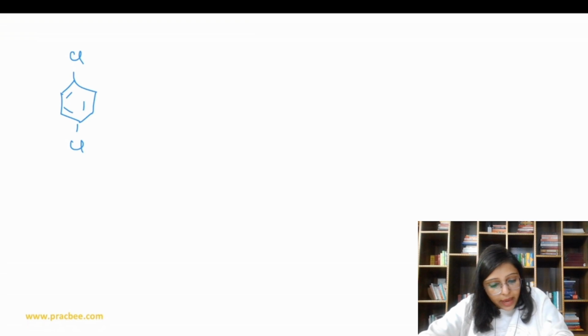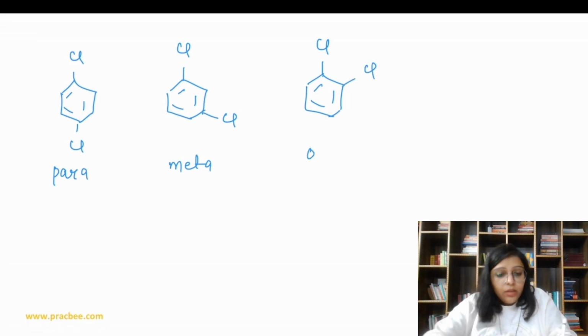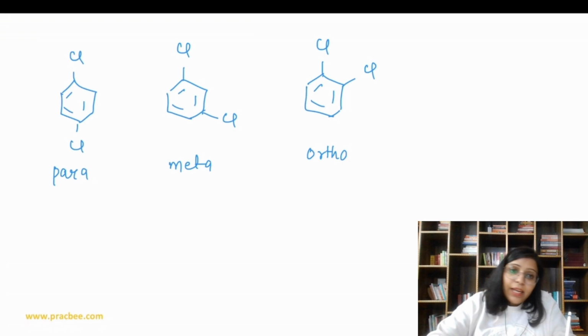So this is the para dichlorobenzene. This is the meta and this is ortho. Right, this is para dichlorobenzene, this is meta dichlorobenzene, and this is going to be the ortho dichlorobenzene.